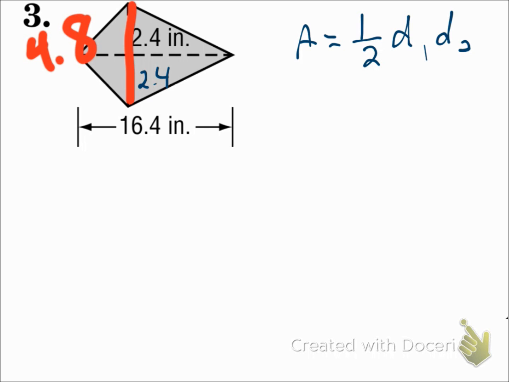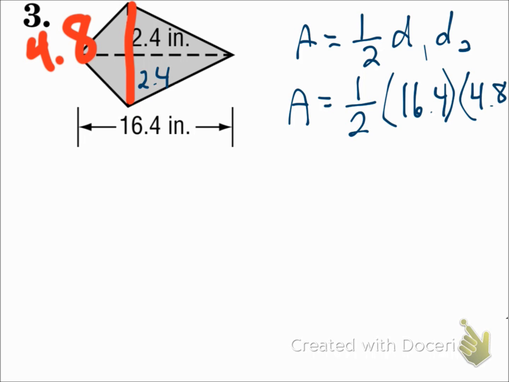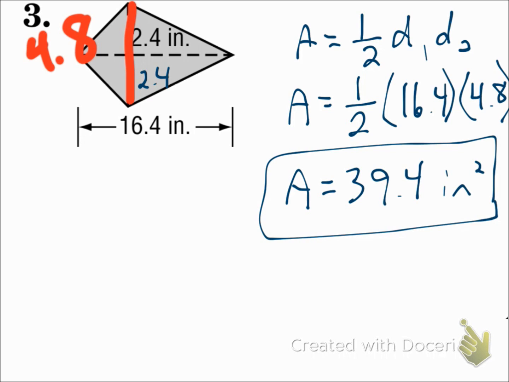So now I have my two diagonals. Half of 16.4 times 4.8, and that's about 39.4 inches squared. Make sure you substitute the correct piece. Since half of the one diagonal was 2.4, we had to double it to use 4.8 in the formula.